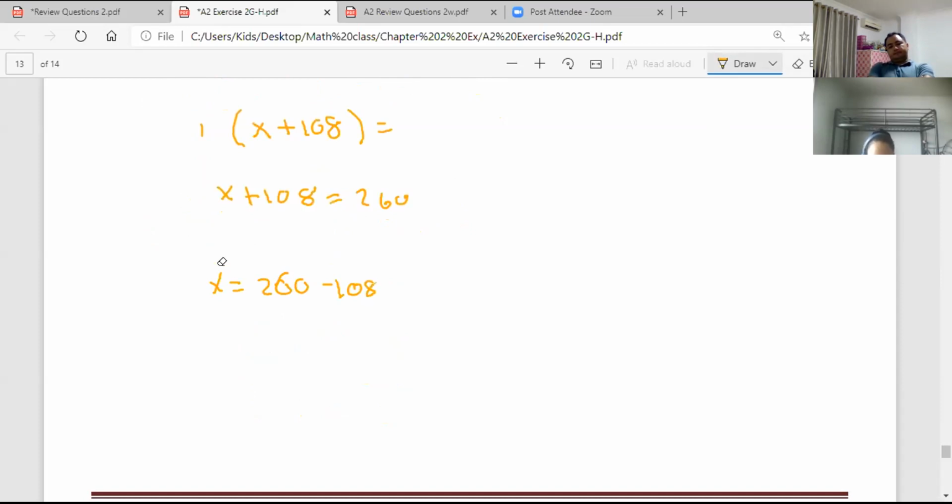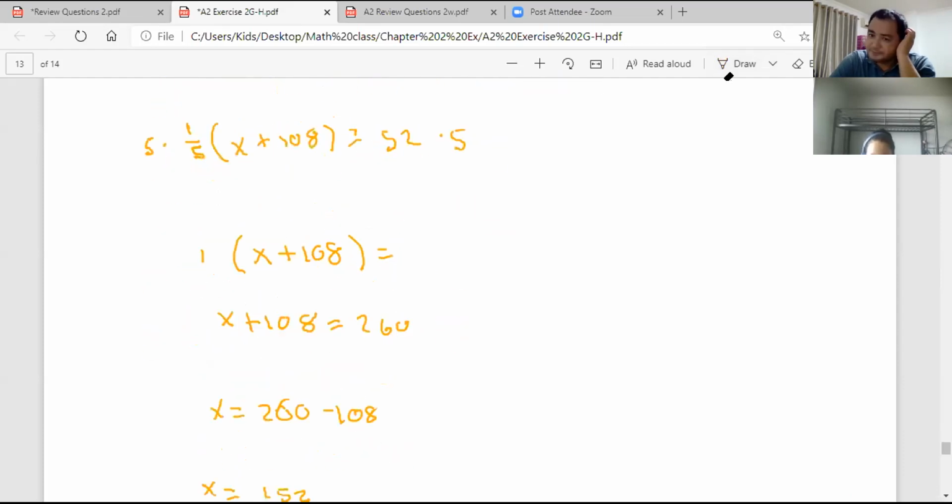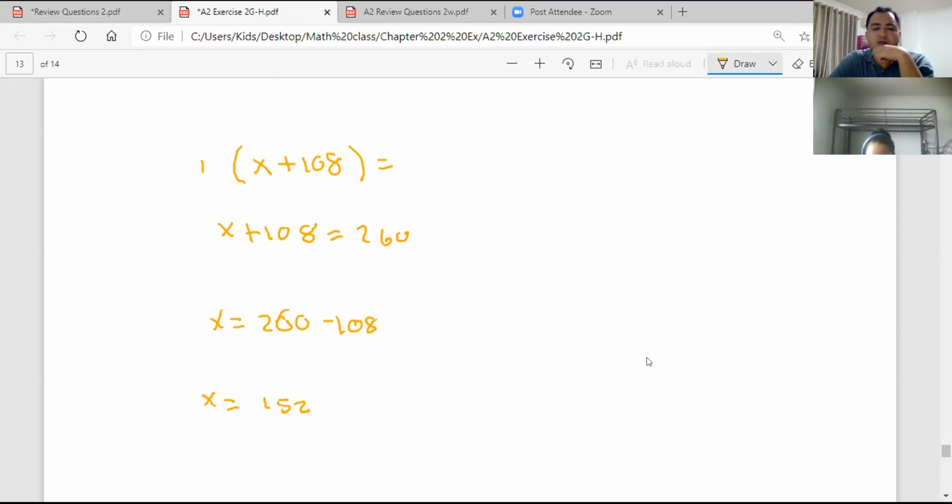That's 152. So x equals 152. So he originally had $152. So originally his weekly pocket money was $152.